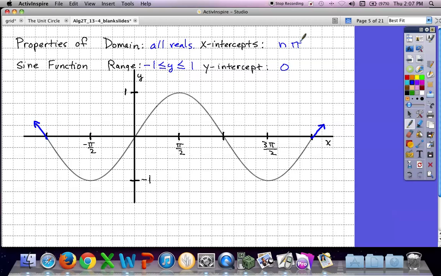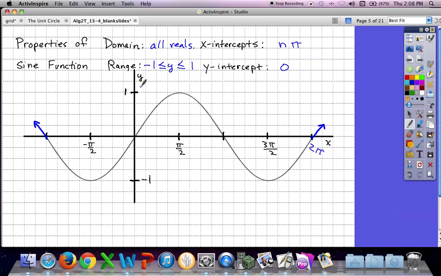Now there's two things that we haven't really spoken about that are specific to trig functions. One of them we kind of did, and that is the period. The period of a function is how long it takes in the x interval to go through one wavelength. If it starts at 0 and goes through one entire wavelength by 2 pi, then the period is 2 pi.